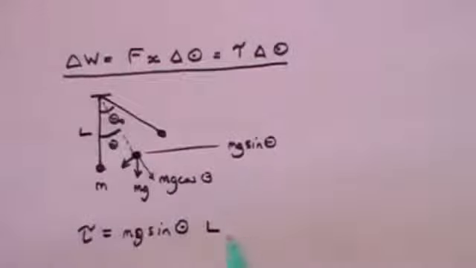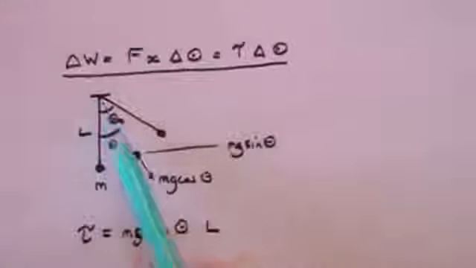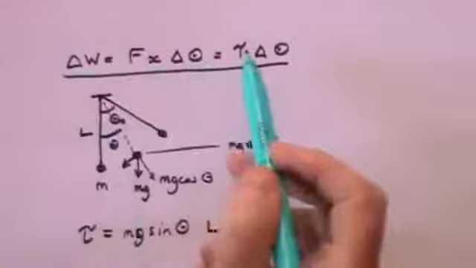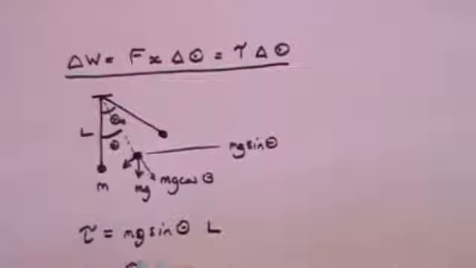So essentially the torque is the force multiplied by the distance from the pivot point, which is the length of the rod, which is L. And then I said that delta W, the work done, is equal to tau delta theta.